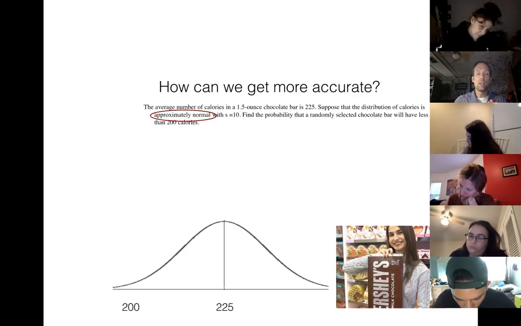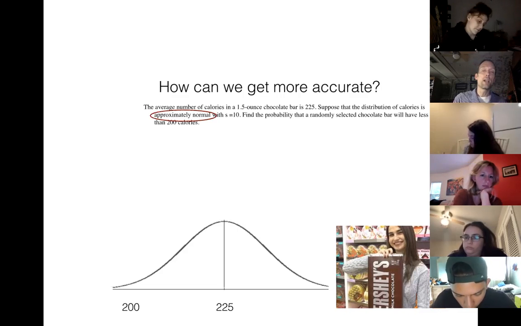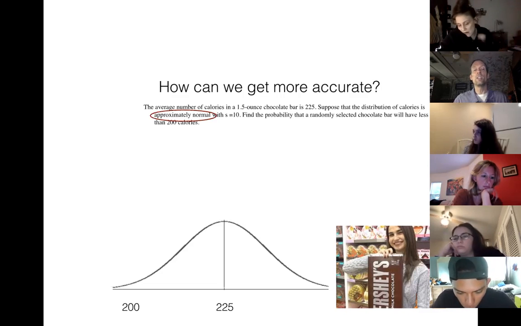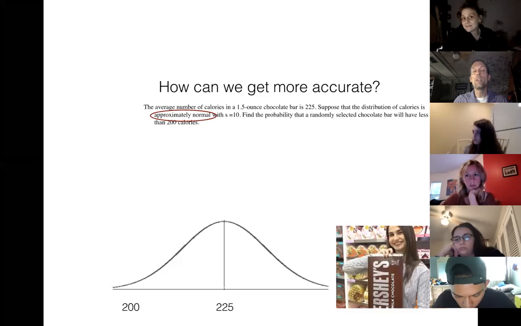When we're putting in the 200, the only thing that we know about it now is that it's less than the average. So we're going to put it arbitrarily on the left side of the curve. It doesn't matter exactly where it is on the curve, just as long as it's less than 225. On the exam, I'm not going to come in with a ruler and see if you made these to scale or anything like that. So now that we have the 200 in, we're going to shade all the area that's less than 200.